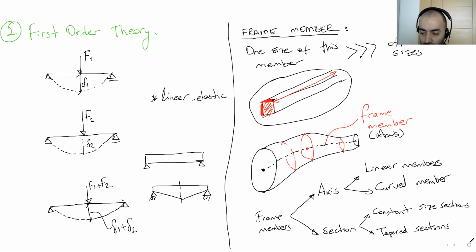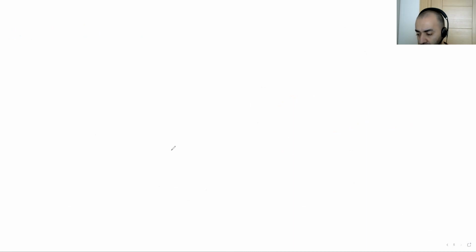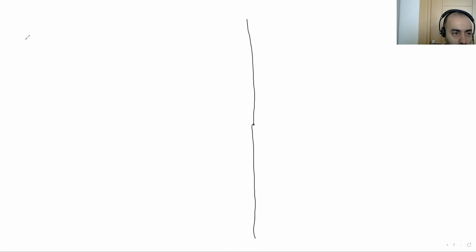As an example, you know, the frame members, we talked about most of them in the statics course. For example, we have a simple beam. We have simple beam with cantilever. These are only examples. Okay, you can see many different types of frame members.